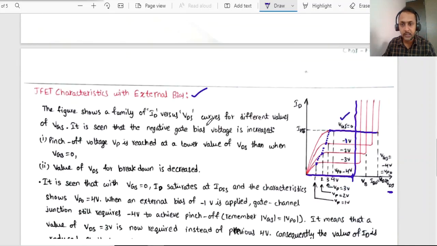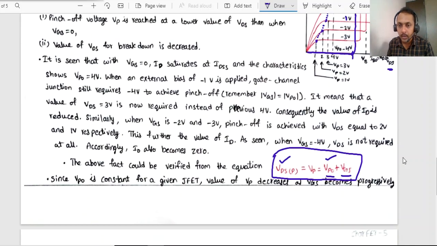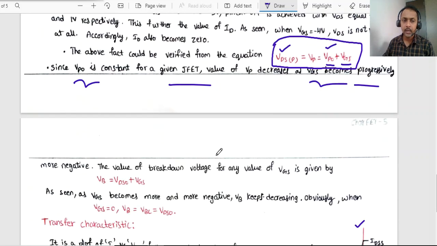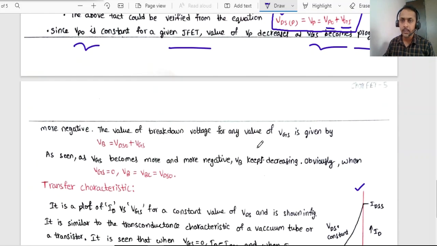So dear students, this equation is very important. The drain source voltage equals the pinch off voltage plus the gate source voltage. Now since VP naught, the pinch off voltage, will be constant for a given junction field effect transistor, the value of this VDS decreases as VGS becomes progressively more negative.